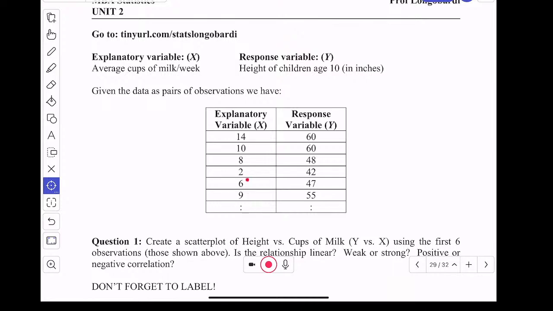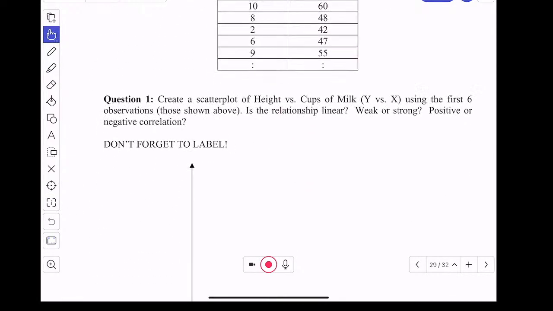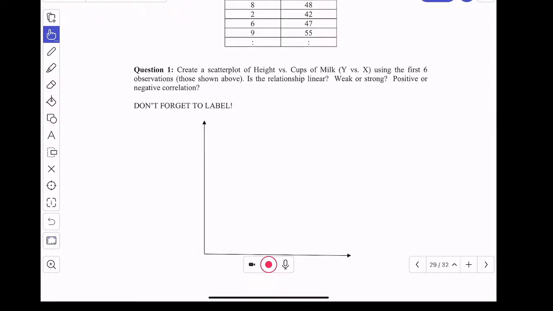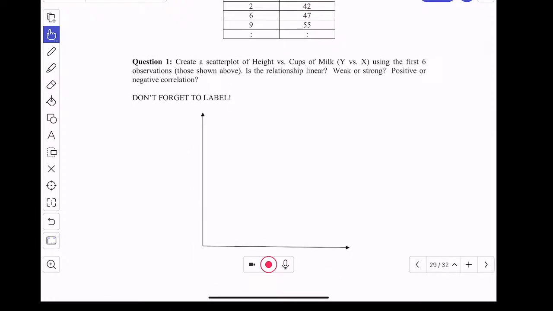The more milk consumed, the taller they seem to be, even though this one's kind of an oddball. Okay, so we want to look at this data, and we go through the process of depicting it and then answering some questions about the data.